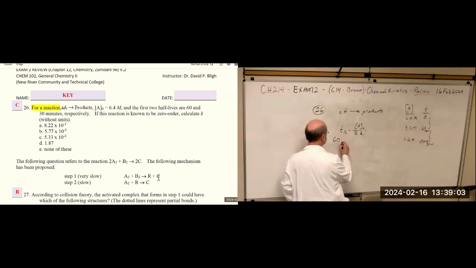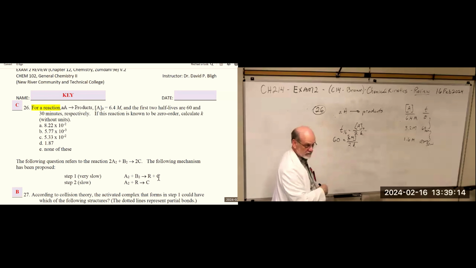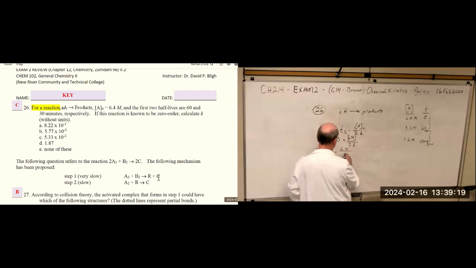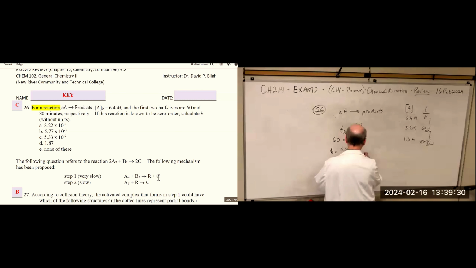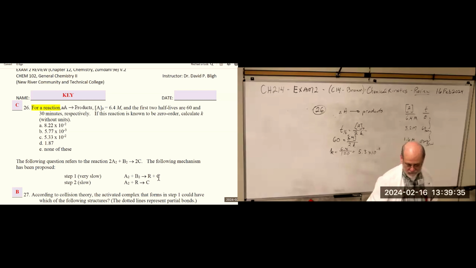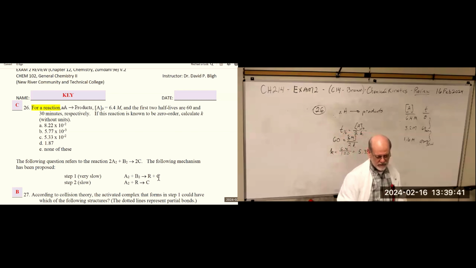So the first half-life is 60 minutes, and starting with concentration 6.4 molar divided by 2K. Solve for K. 6.4 divided by 120. So I get 5.3 times 10 to the minus 2. We got 3 significant figures. That's okay. That's the closest answer.